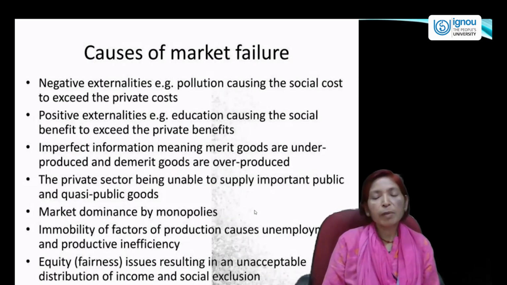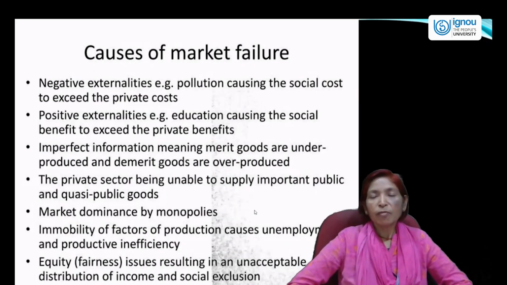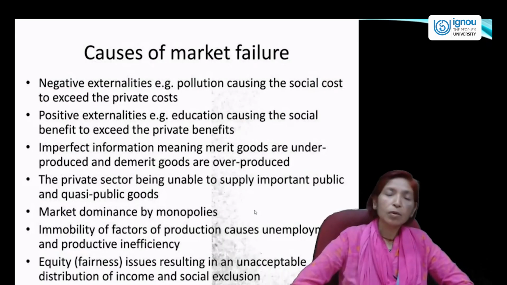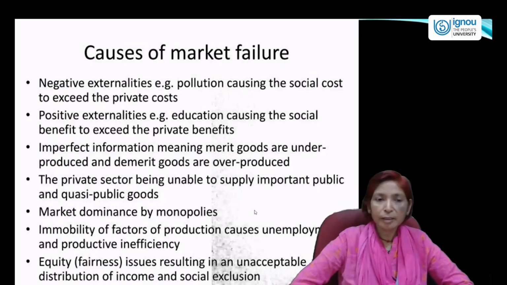For example, if people are smoking more but getting less education, then a bad thing is being produced more by the producer and a good thing is being produced less. That will create the problem of market failure.